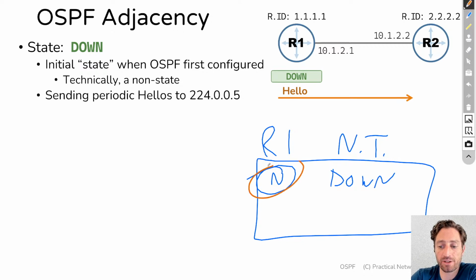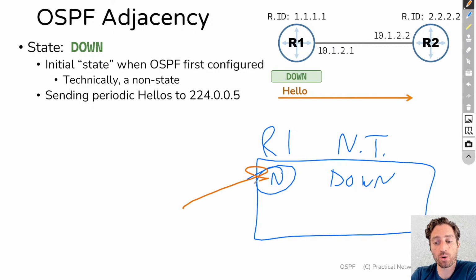That neighbor entry, though, is going to be based upon the neighbor's router ID or IP address. The issue is, since router 2 hasn't sent anything at this point in time, router 1 has nothing it can really add over here. So down doesn't really exist, because since there's no entry, it doesn't actually know that anything is down.